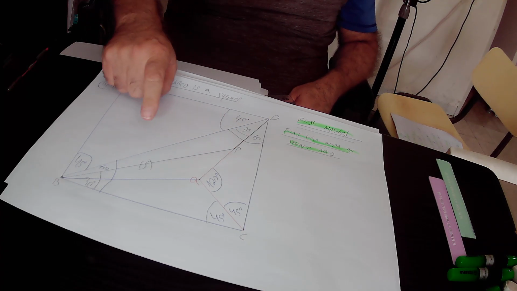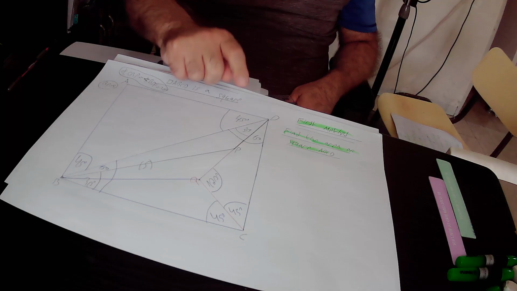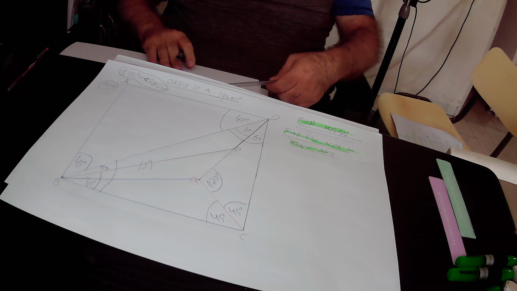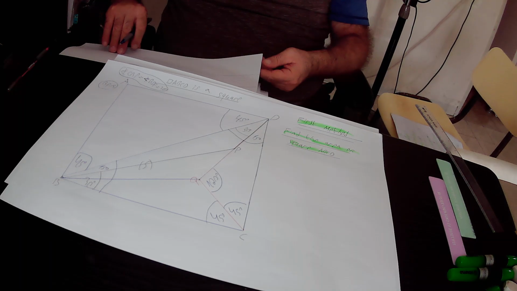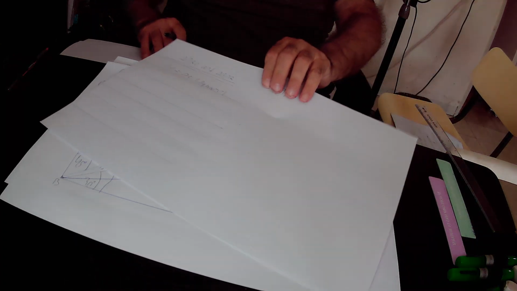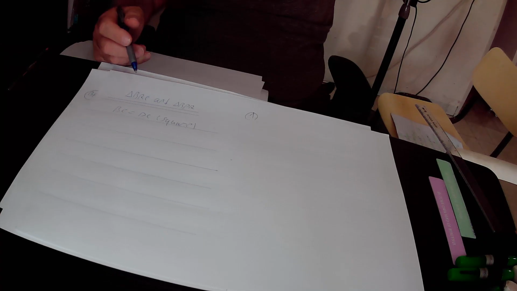So side BC of triangle BQC equals side DC of triangle DQC.